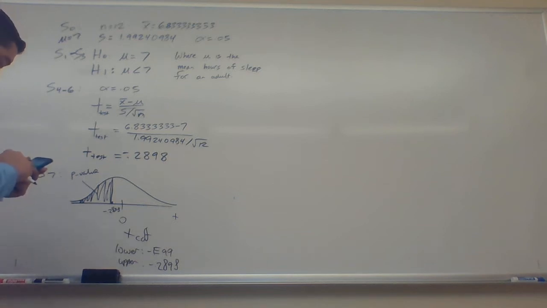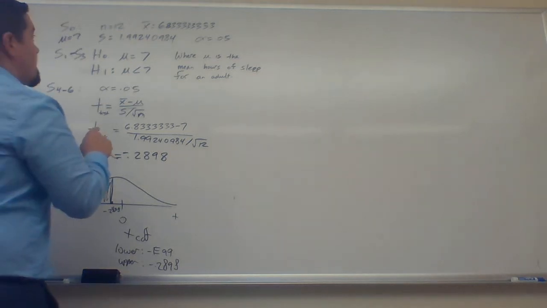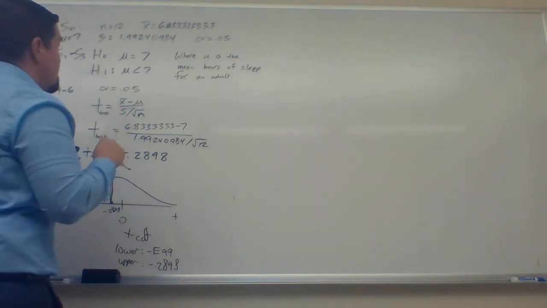From negative e to the 99 to upper negative 0.2898, with a mean of 7 and a standard deviation of 1.9924.